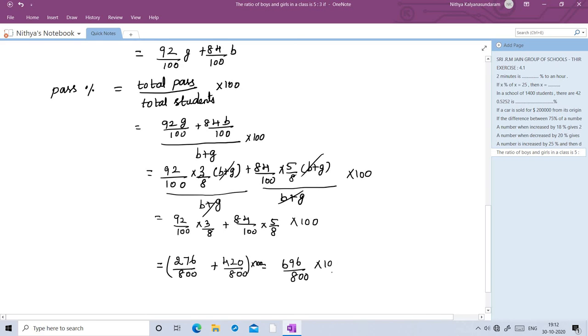So 2 zeros you can cancel. Then 8 table you can cancel. 8 8s are 64. Then balance is 56. Then 7 times. So 87%. So therefore the pass percentage is equal to 87%.